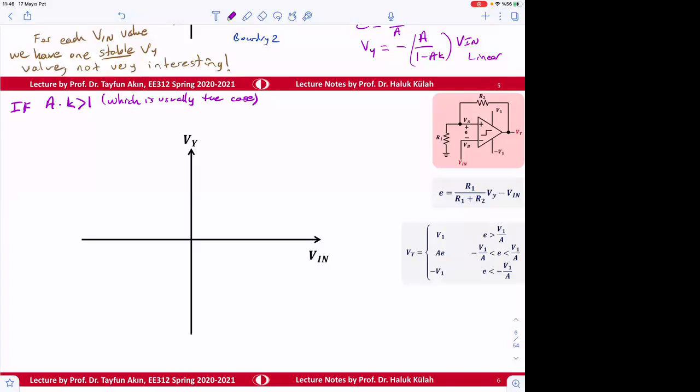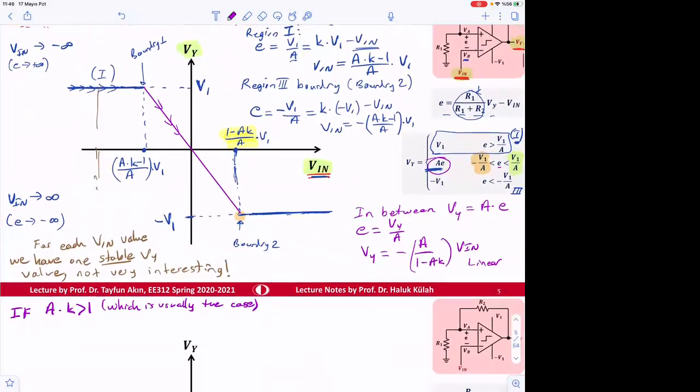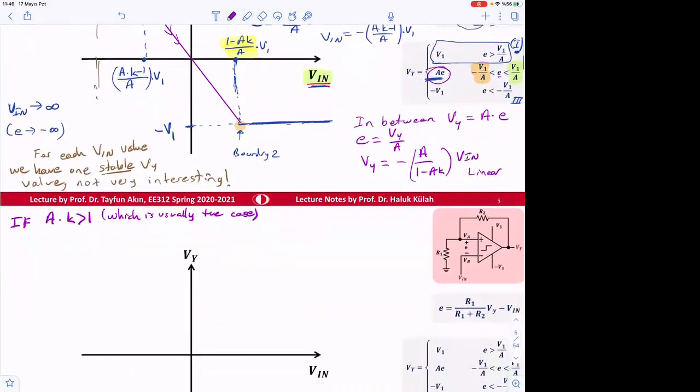So let's obtain this graphic again for this case. And then we will go to Vin goes to minus infinity.